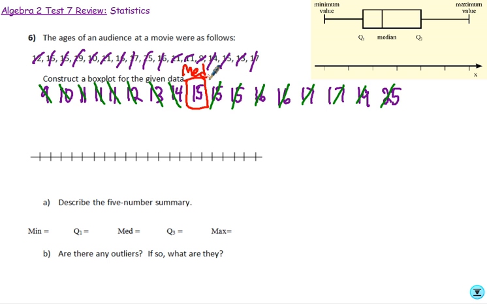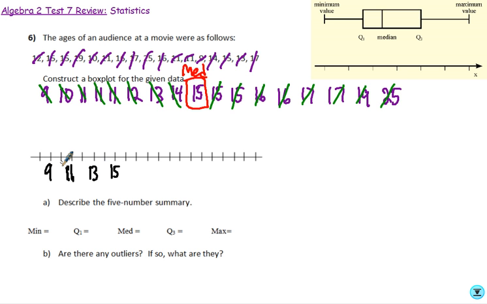So what I can do is first go ahead and label my number line down here. So 9, 10, 11, 12, 13, 14, 15. And I'm skipping a number, by the way, because the number line's kind of crowded. So you can do this, right?